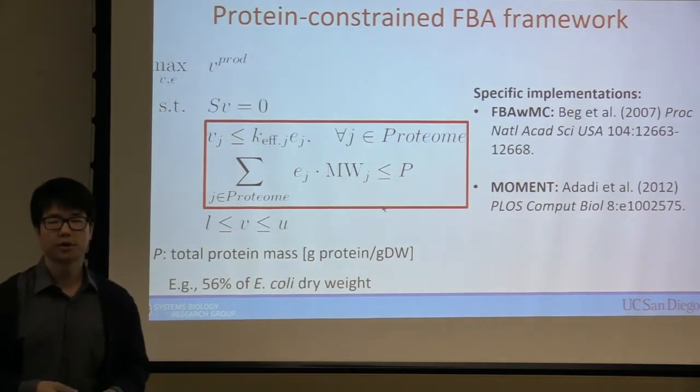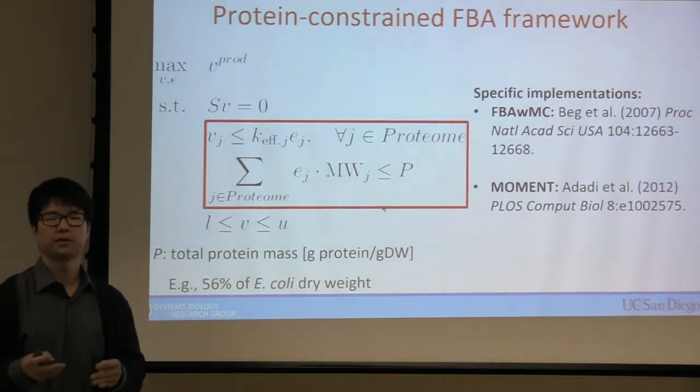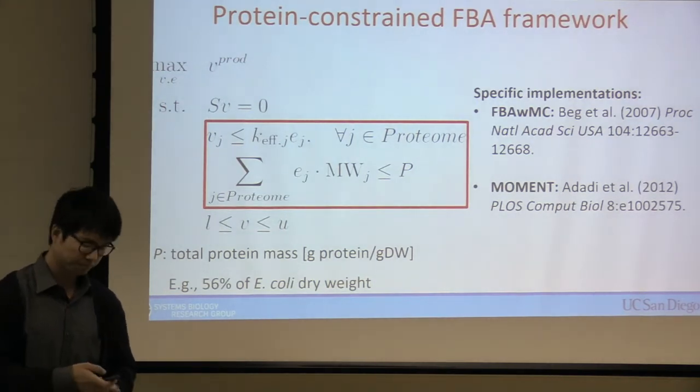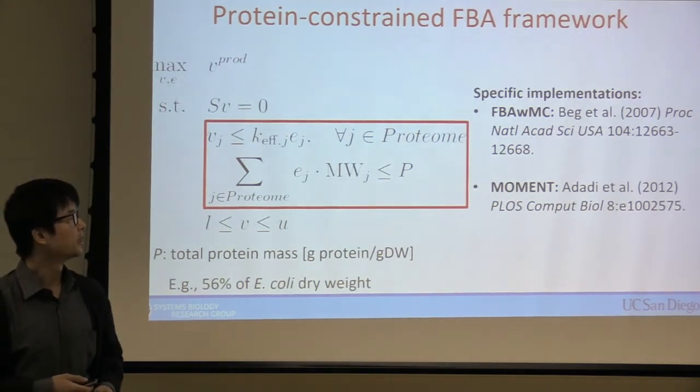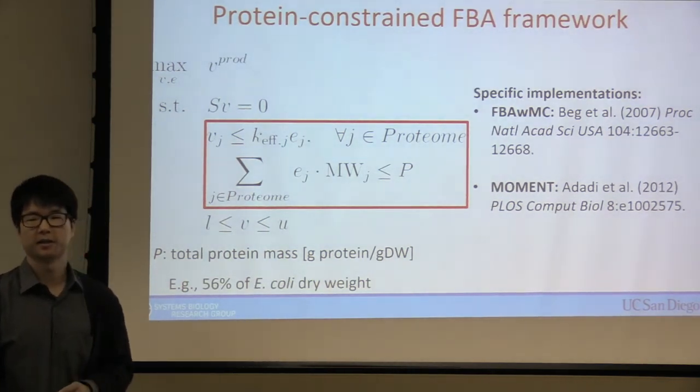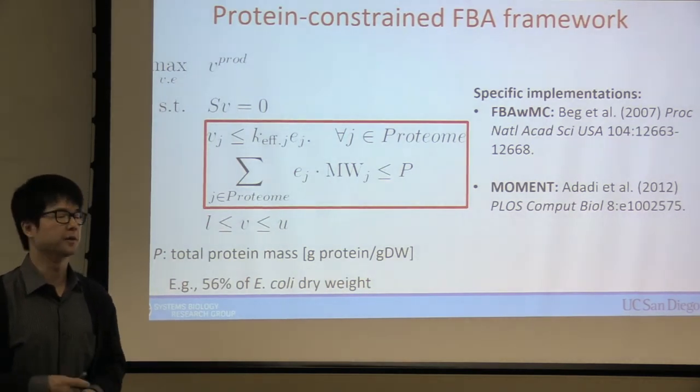But because the total proteome is capped, you're going to have to necessarily decrease the abundance of some other enzyme. And so now what we end up with is a resource allocation problem in the context of these macromolecules, these proteins.